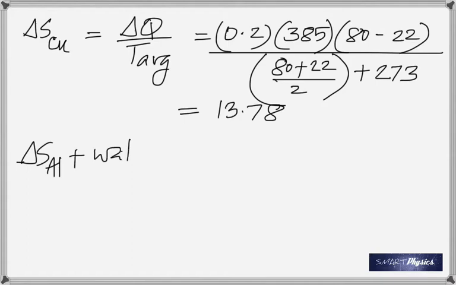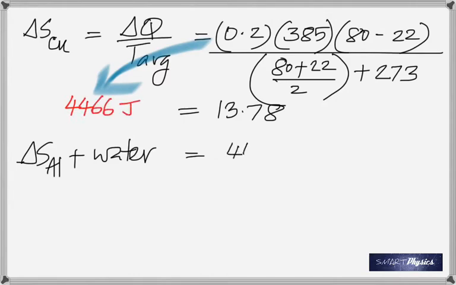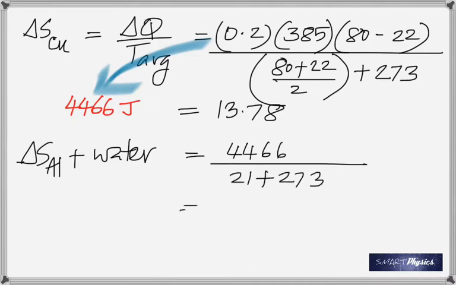All right, so change in entropy of aluminum and water. See, I found that. You see that? The number in the numerator is 4466 joules. So I'm going to just take that and divide by the average temperature, which is, of course, 27 plus 273, in Kelvin, I mean. So you get 15.19 joule per Kelvin.